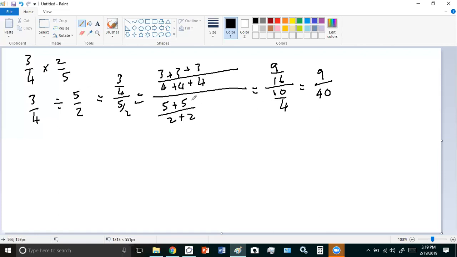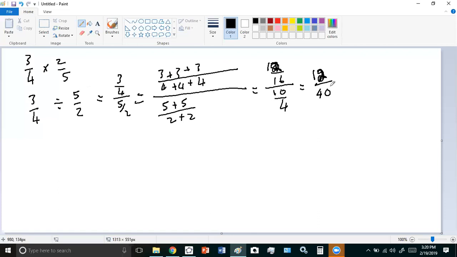No, maybe I haven't. All right, let's just see what I've done here. So I've said 5 plus 5, 3/4 divided by 5/2 is the same. Oh, that's 12. I'm sorry, that was my mistake there. It's not 9, it's 12. All right.